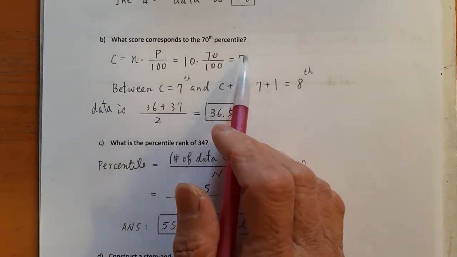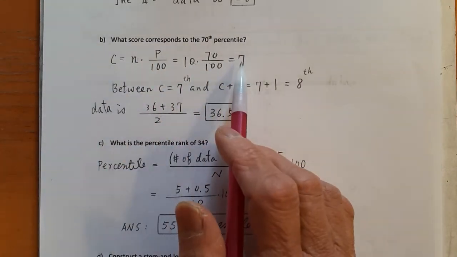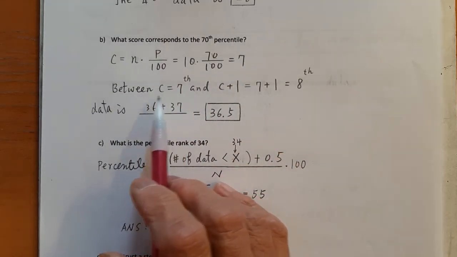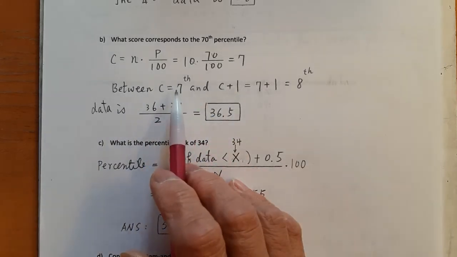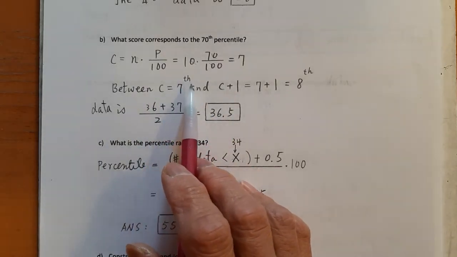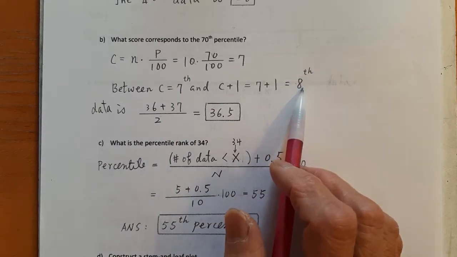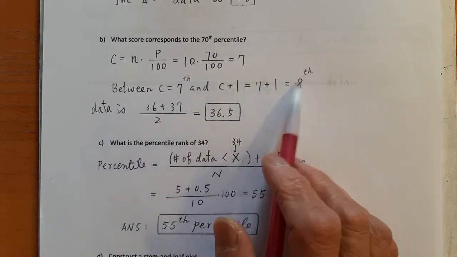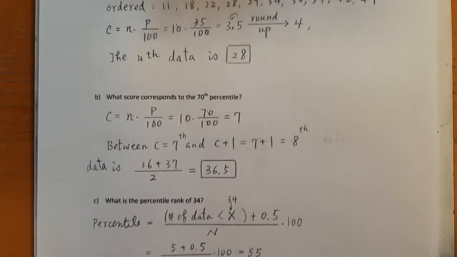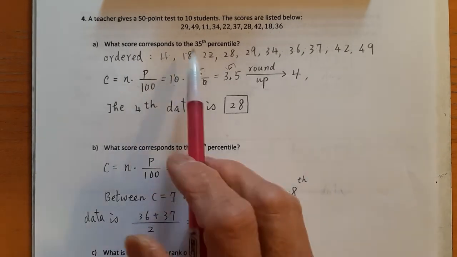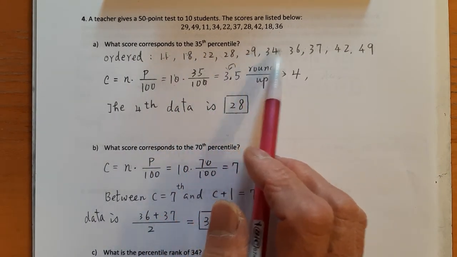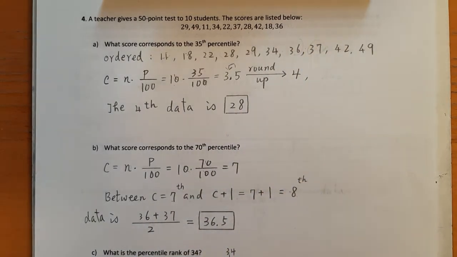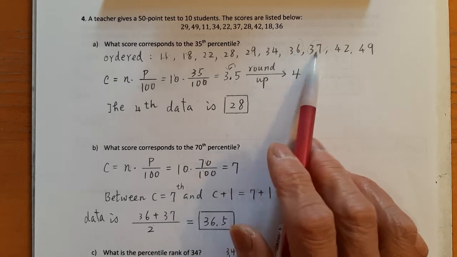If the count is a whole number, the answer should be between the Cth and the C plus 1th. C is 7, and C plus 1 is 8. So the number should be between the 7th and the 8th. Counting 1, 2, 3, 4, 5, 6, 7, the 7th is 36. The 8th number is 37. So it's a number between the two.